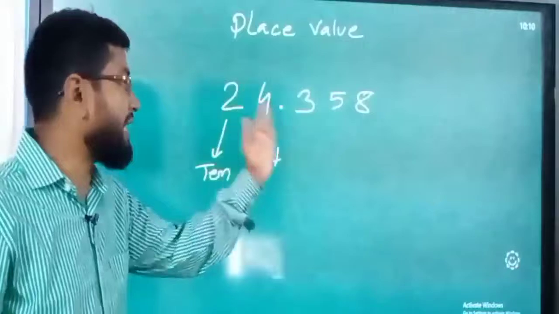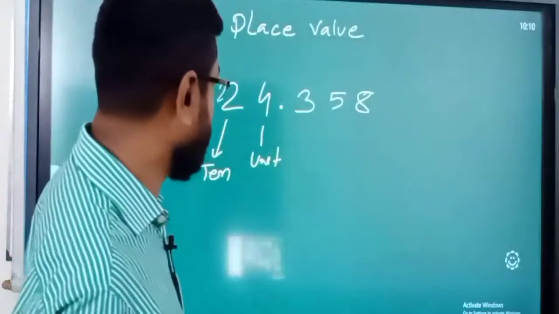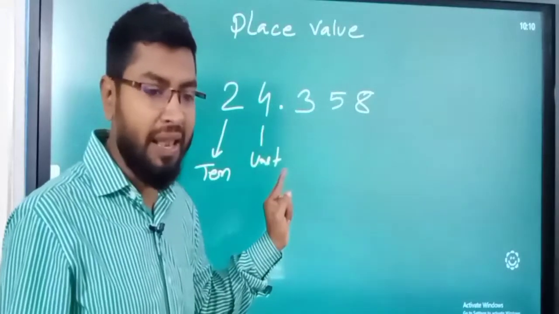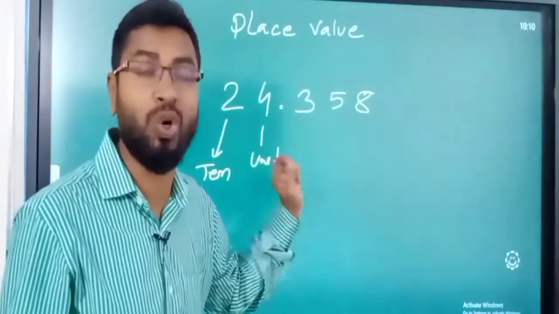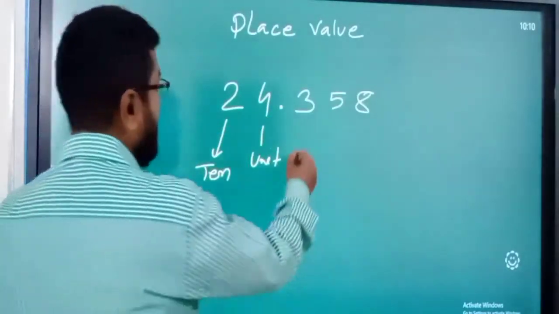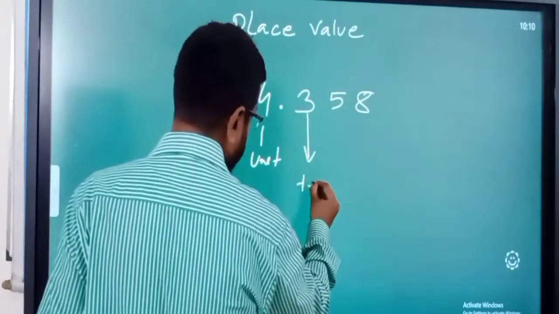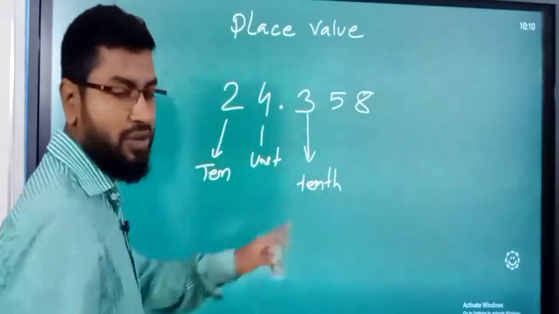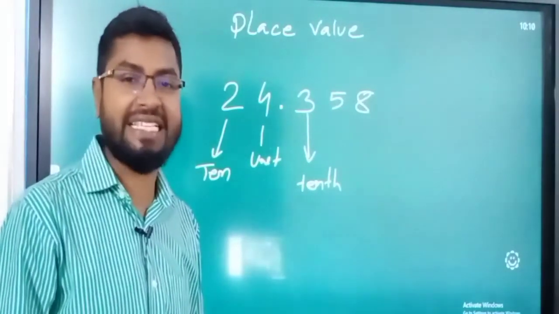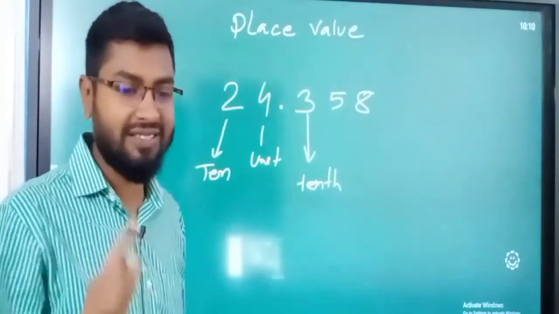We know this earlier, but after the decimal, we have not learned it yet. After the decimal, see, 3, 5, 8. Decimal in Bangla is Dashomik, Dash, 10. That means it starts from 10; this digit is 10th. TH is ordinal. We have learned first, second, third, fourth, fifth, sixth, 7th, 8th, 9th, 10th, 11th, 12th, 21st, 31st.